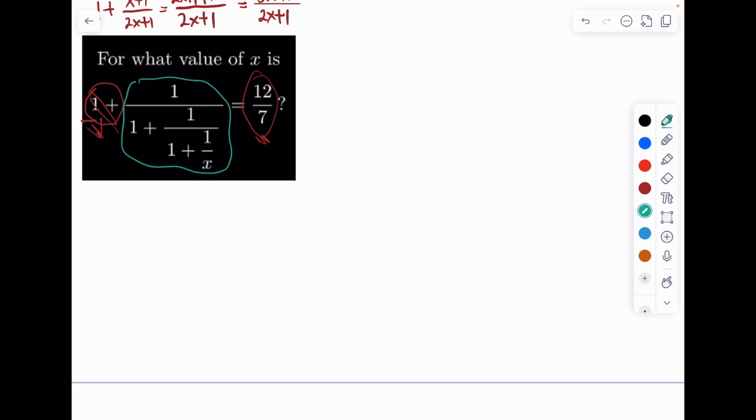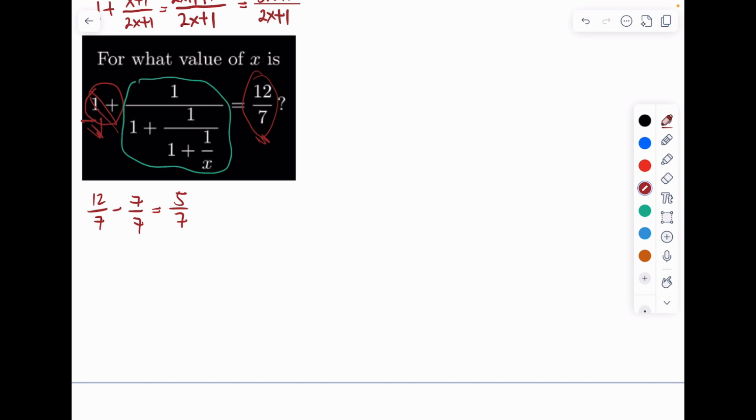And then we're going to subtract 1 from 12 over 7. 12 over 7 minus 7 over 7, which is just equivalent to 1. 12 minus 7 will be 5, and then we just copy the denominator. All right, so far so good.